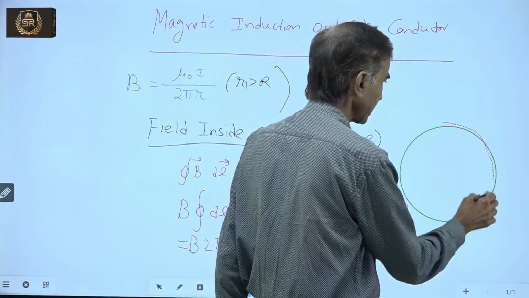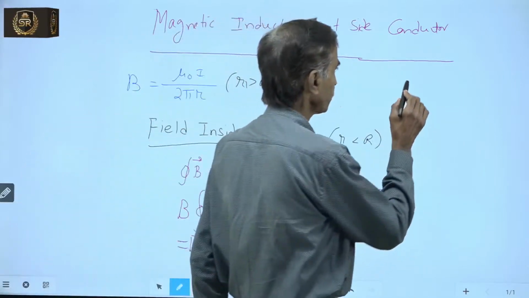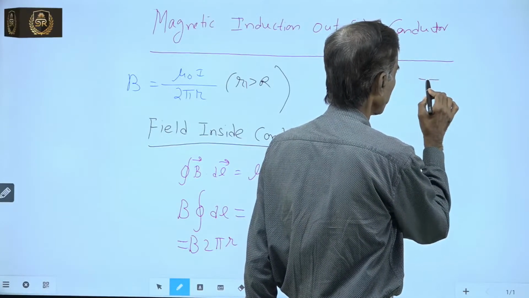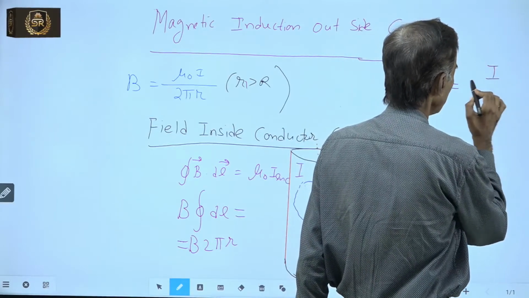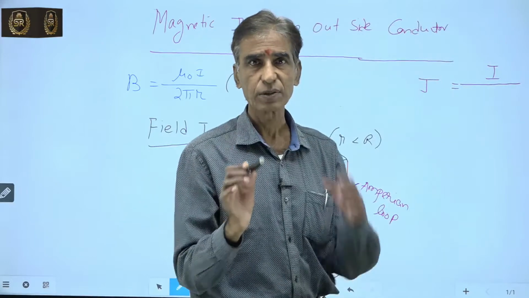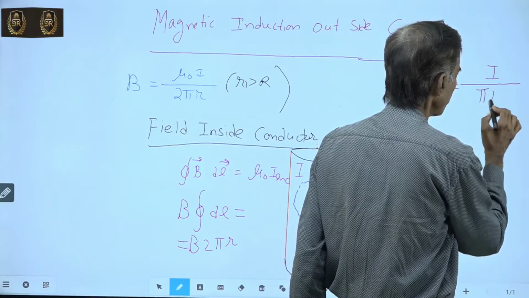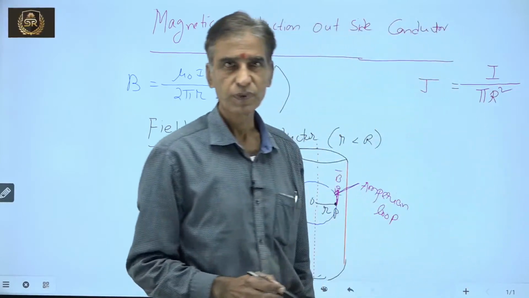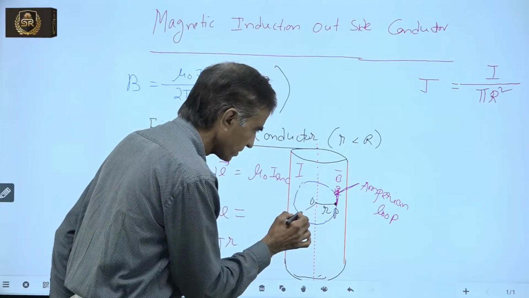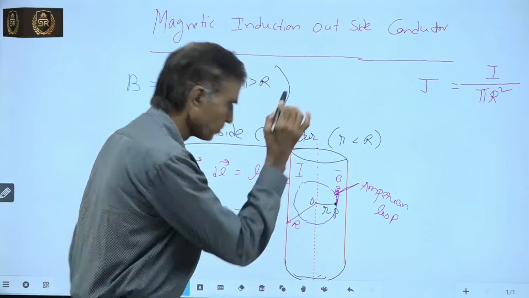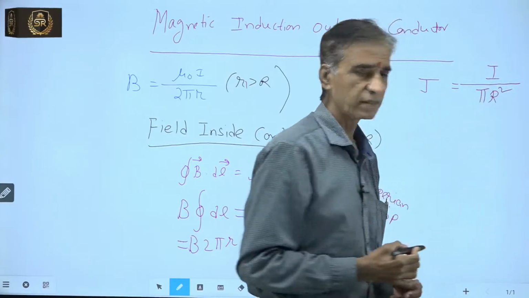So, magnitude of J is equal to total current divided by the total area of cross section through which current is passing, that is pi into capital R square. Because this is the radius capital R, therefore J equal to I by pi R square.